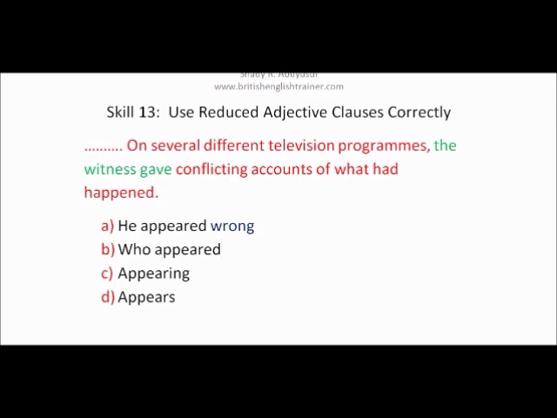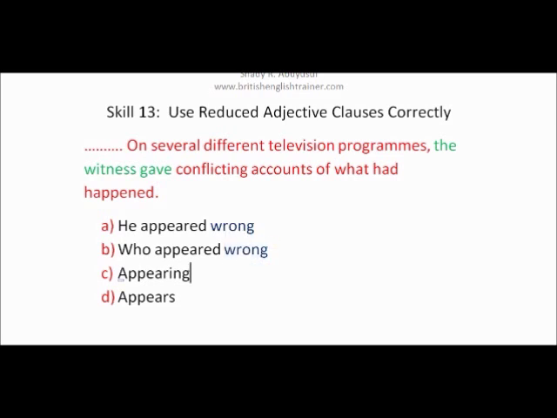If we put who appeared in the beginning as a noun clause working as a subject, so why do we need this one? This is another subject here. So that would be a mistake too. So this is also wrong, and let's give it the same color.